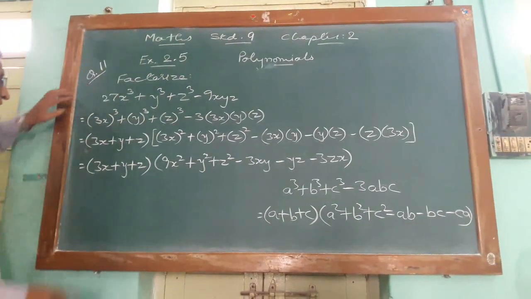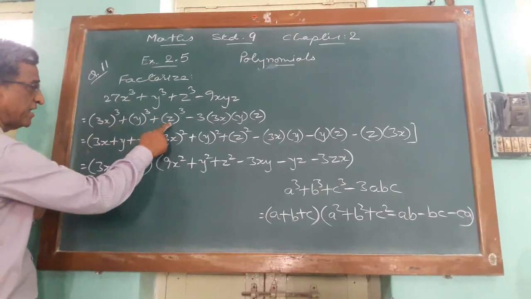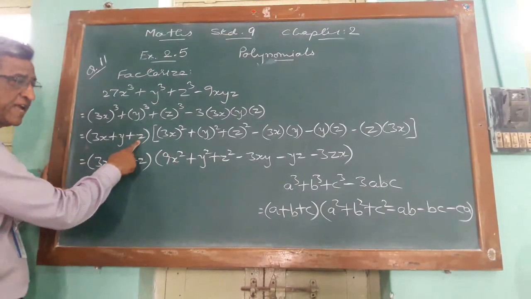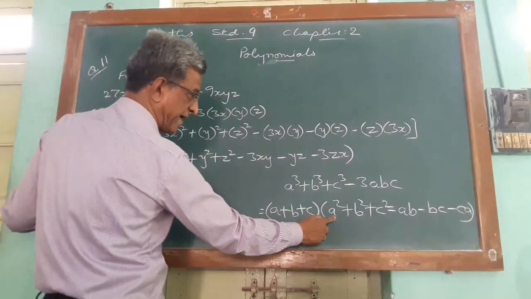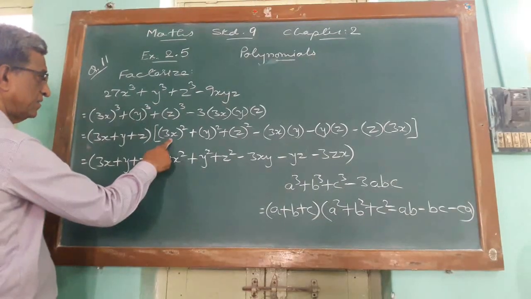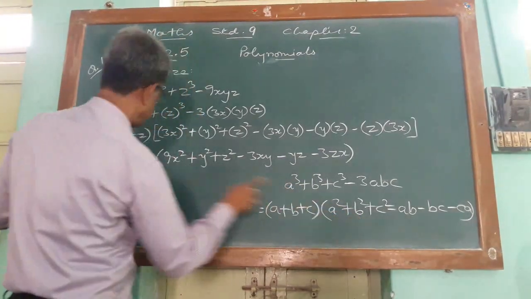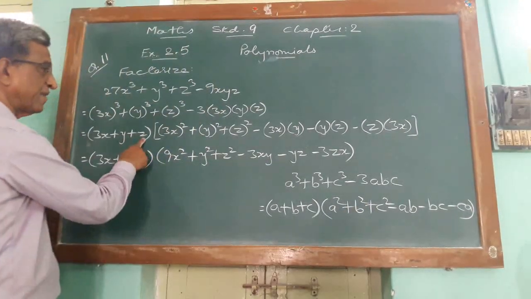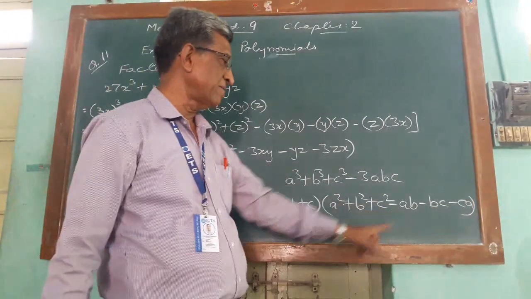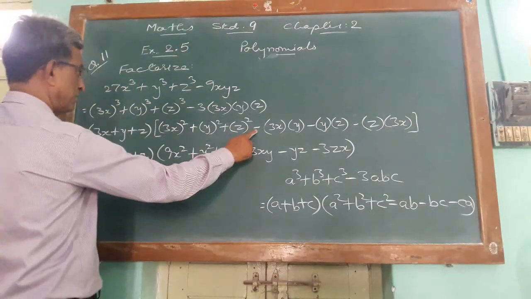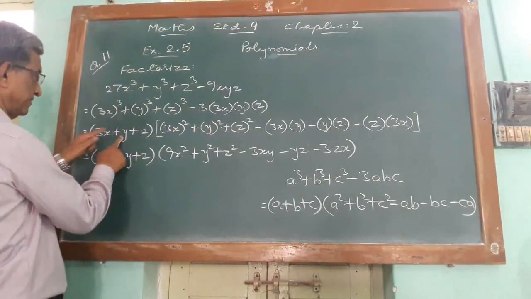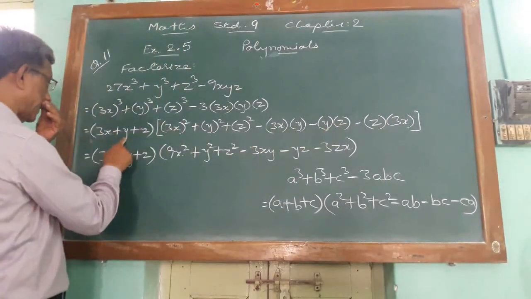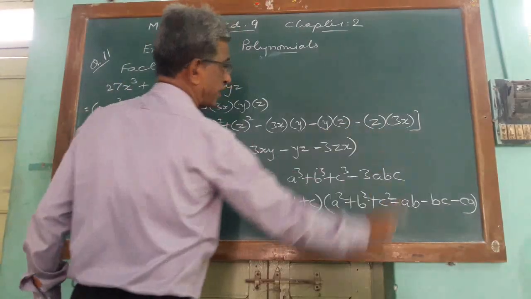So 3x cube, y cube, plus z cube gives you 3x plus y plus z. In the second bracket, a square, so 3x square, then b square, so y square, c square, z square, minus ab, minus first into second, minus second into third, minus third into first.